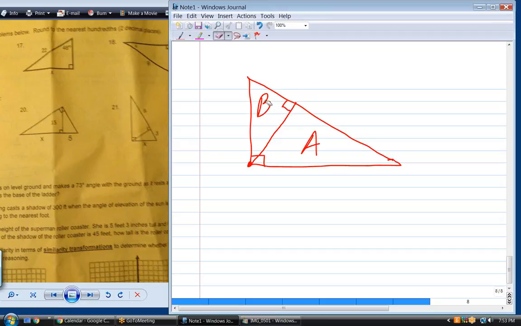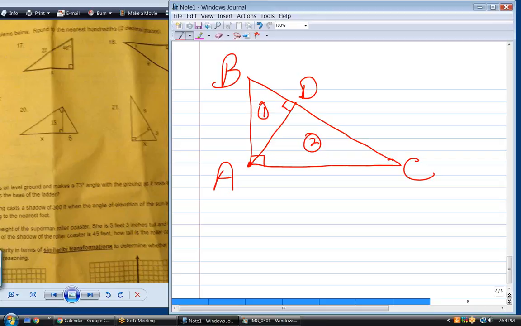Just to illustrate the problem that I'm talking about, I know that triangle 1 is similar to triangle 2. Give me the sides that are proportional sides. Let me start over again.